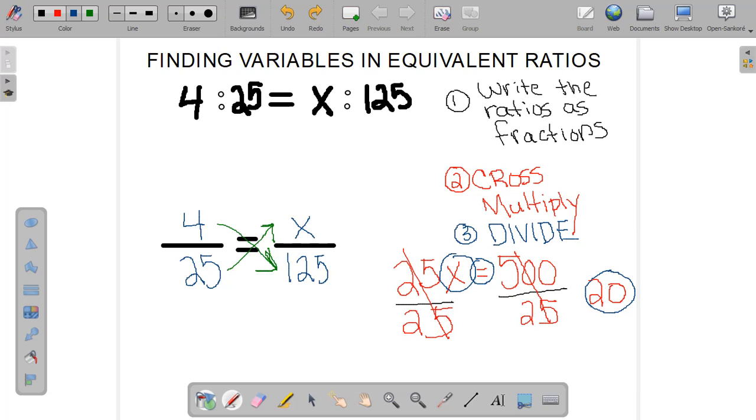So when we rewrite the original ratios, 4 to 25 is equivalent to 20 to 125. And that checks out. There we go.